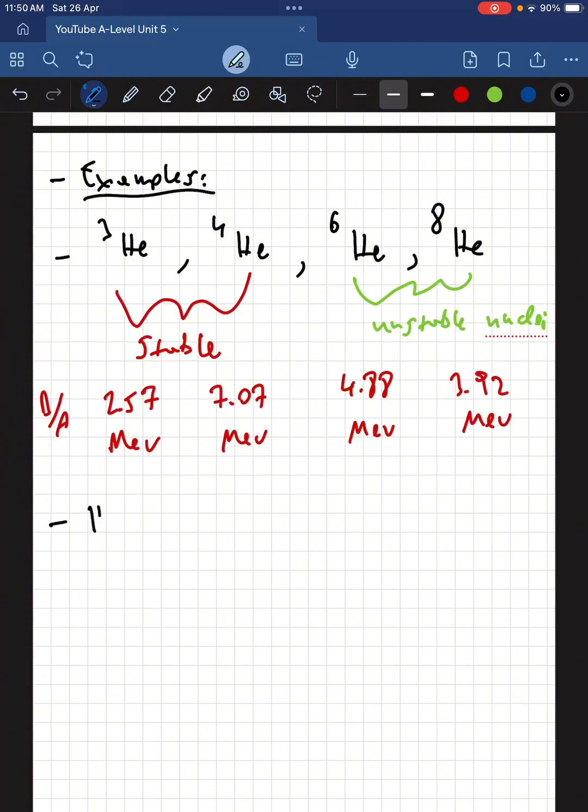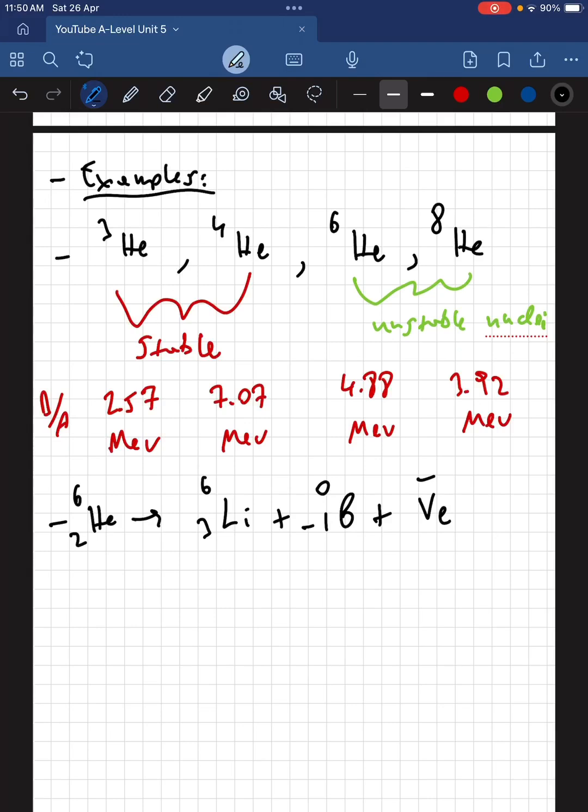So helium-6 decays into lithium-6, and I'm going to write the atomic number as well, plus a beta particle that has a mass number of 0 and a charge of -1, plus an electron anti-neutrino, okay? This is something we mentioned in the particle physics videos.